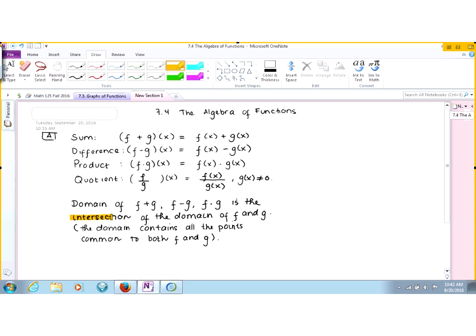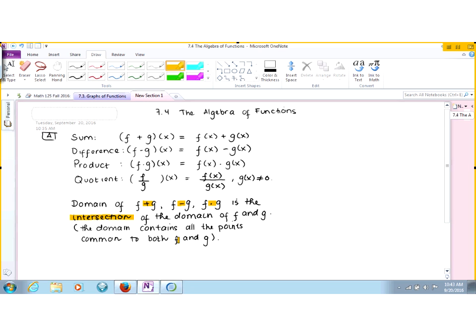All right. So this is 3 different questions. So what is the domain of F plus G, F minus G, F times G? That is 3 different questions, but it has the same answer. So we usually answer them together, which is the intersection of the domain of F and G. Okay.